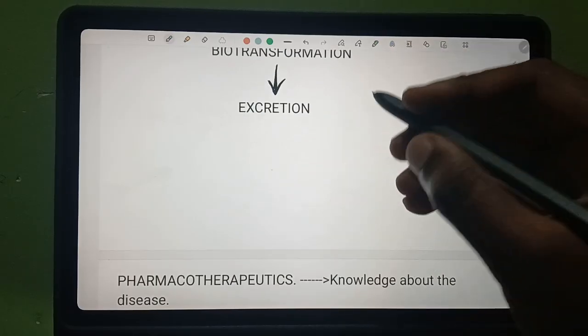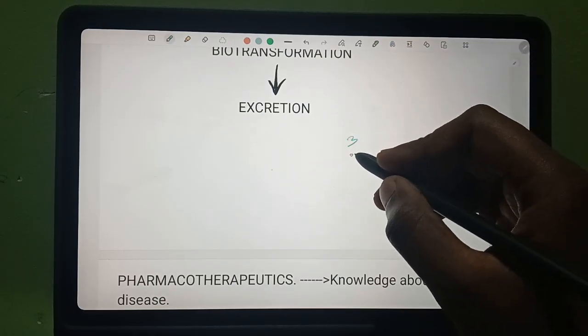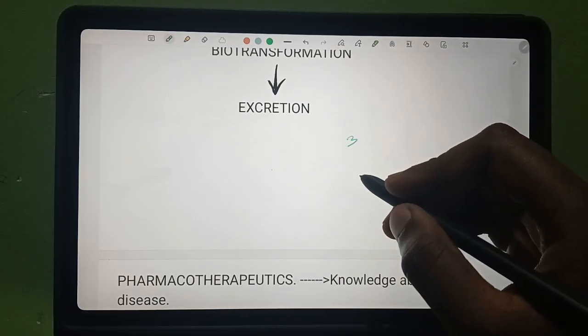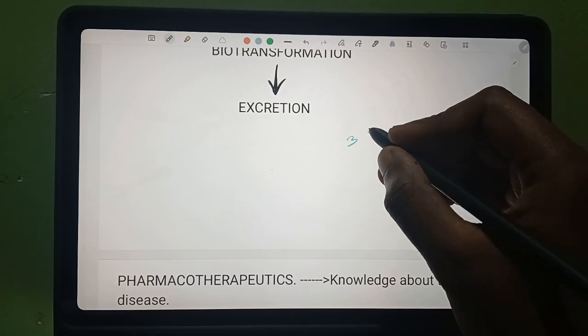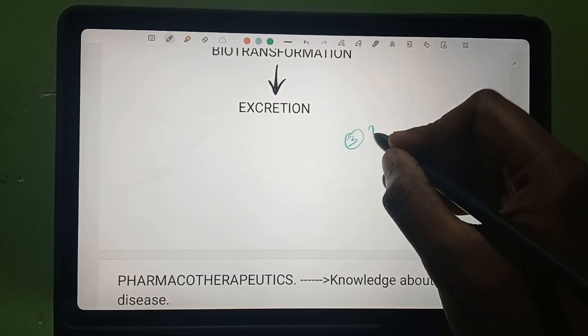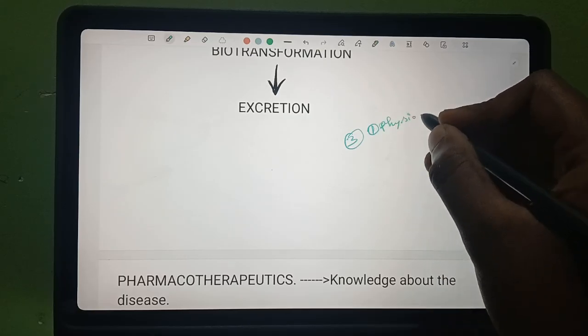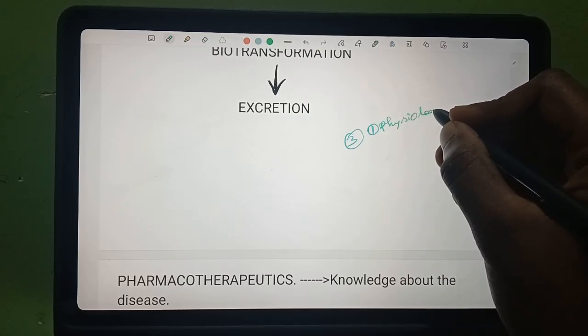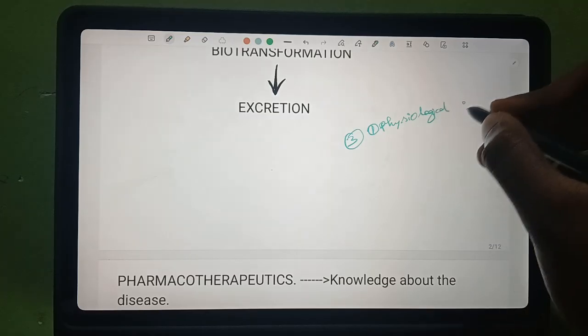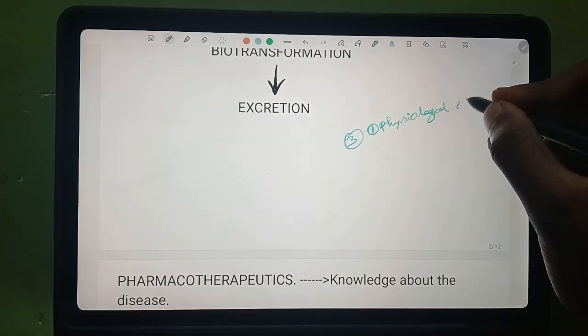Pharmacodynamics includes three things. The first one is the physiological effect of the drug.